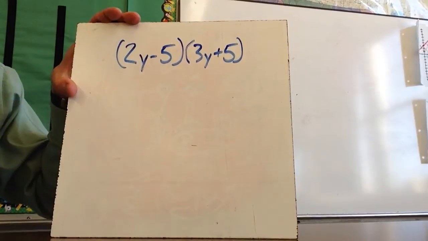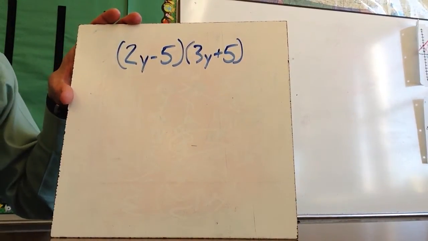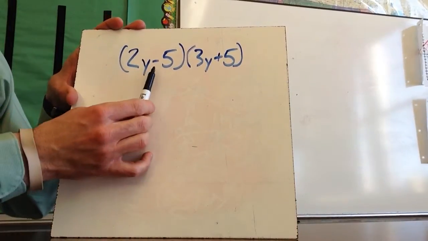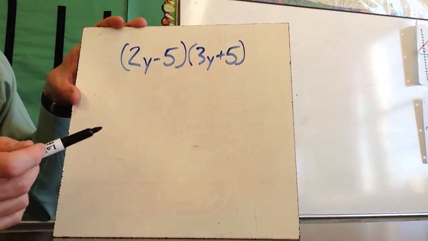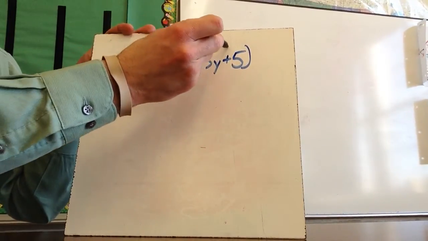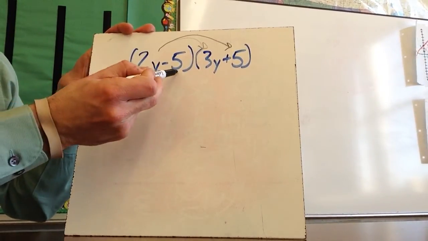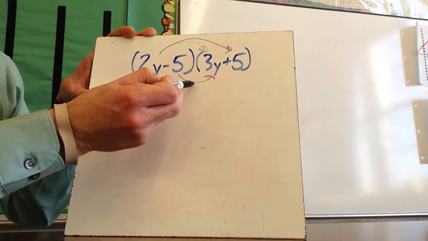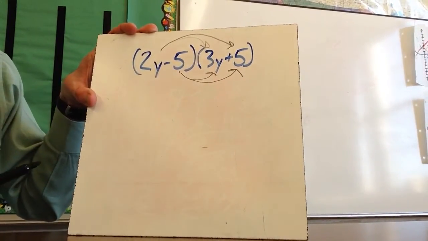All right, second would be, now you'll notice the biggest difference here is that this is now a subtraction problem. So subtracting and adding, so I'm going to take the 2y and distribute, and then distribute to the 5, and now negative 5, remember this is a negative 5 distributed to 3y, and negative 5 distributed to the 5.